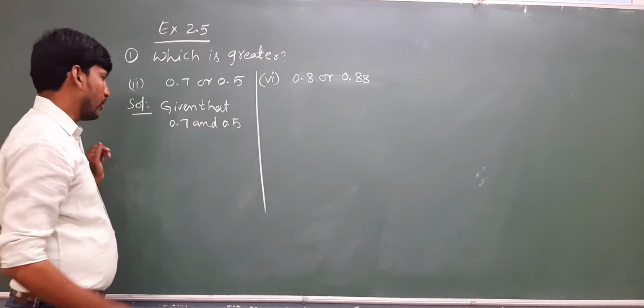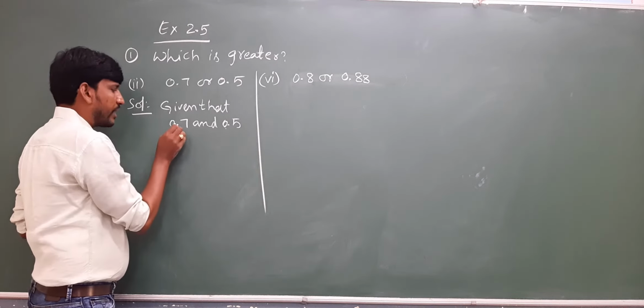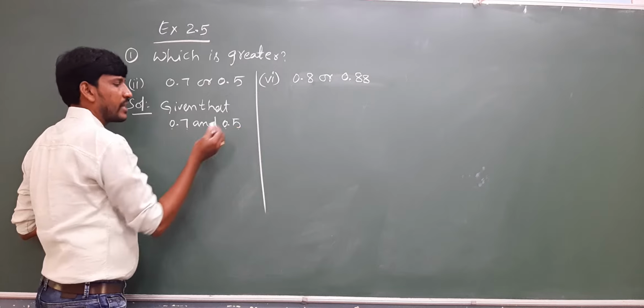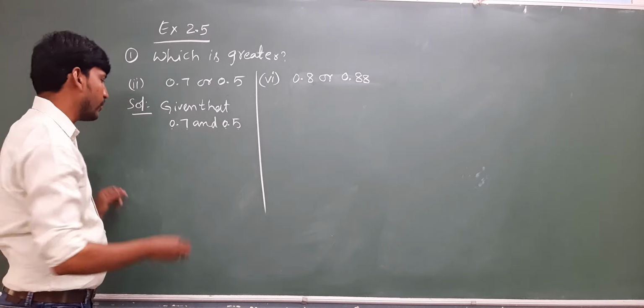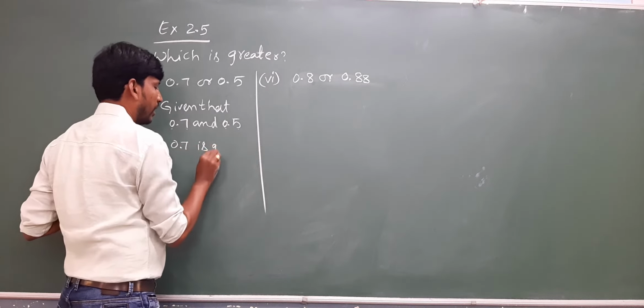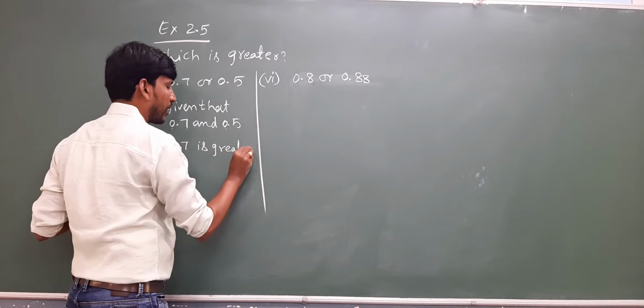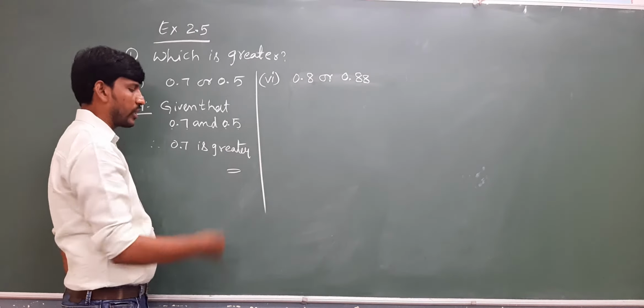Clear? Now both zeros are there. So after the decimal point you have here 7, here 5. Out of 7 and 5 which is the greater value? 7 is the greatest value. So therefore 0.7 is greater. Clear?